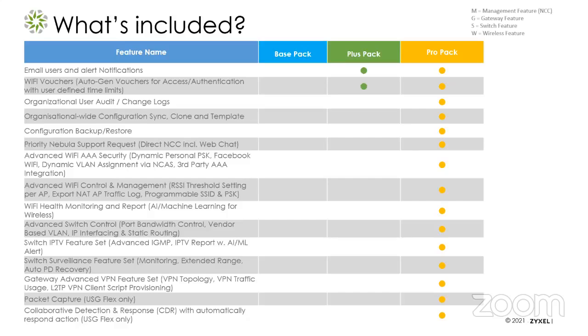Those are Pro features. Pro Pack gives you an audit log that tracks who made the configuration changes over time. So it's another tool to help you with troubleshooting things. And access to collaborative detection and response, where the access points work with the security gateways. That is a Pro Pack feature.